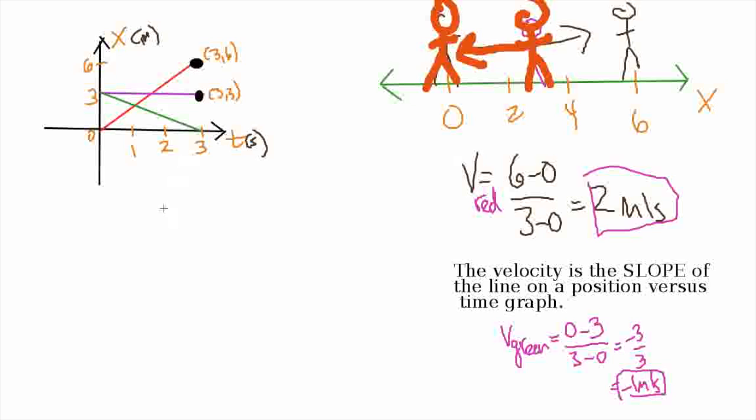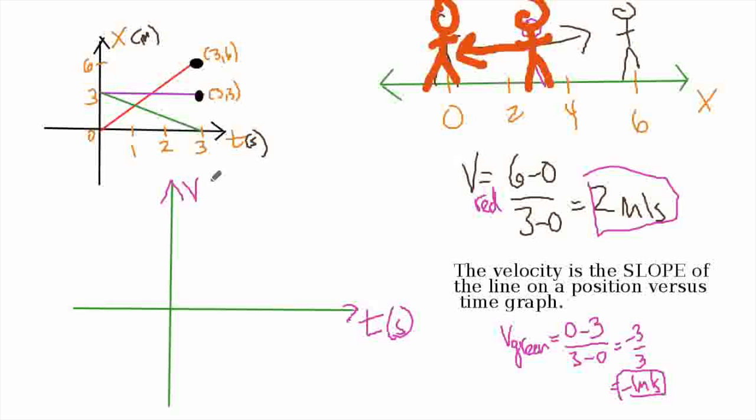I'll try to color code it the same. Here we have time in seconds, and this time the vertical axis is going to be velocity, not position anymore. We'll go 1, 2, 3 seconds, and 1, 2, minus 1, minus 2.